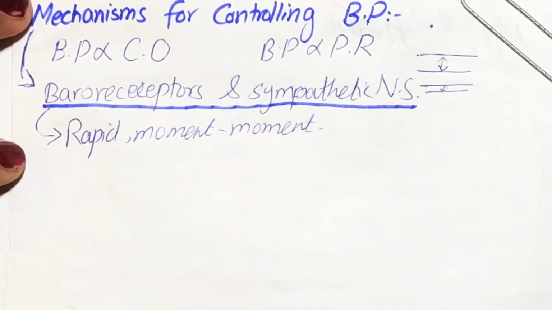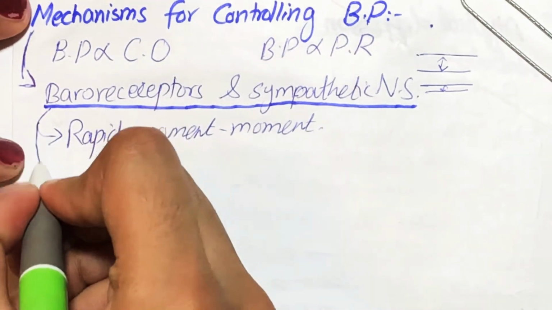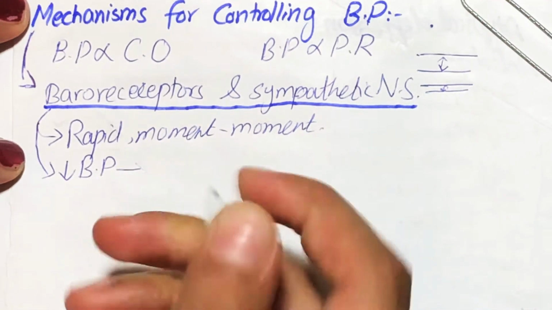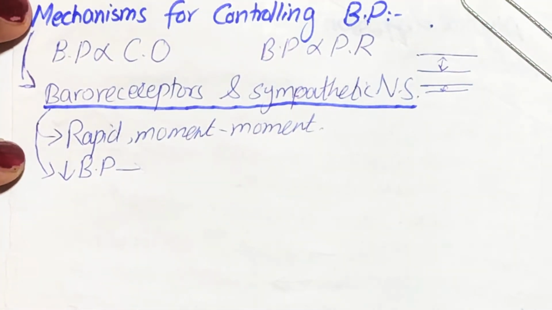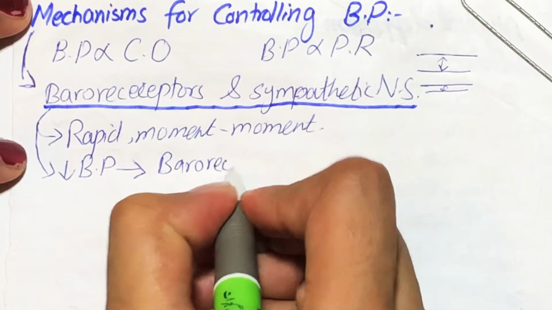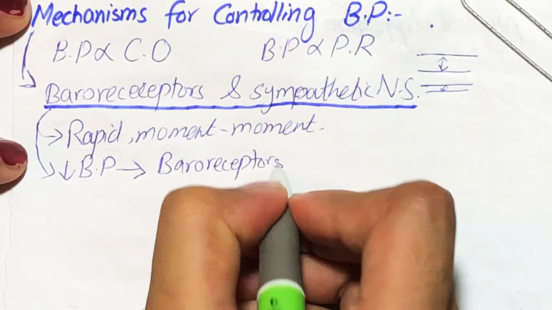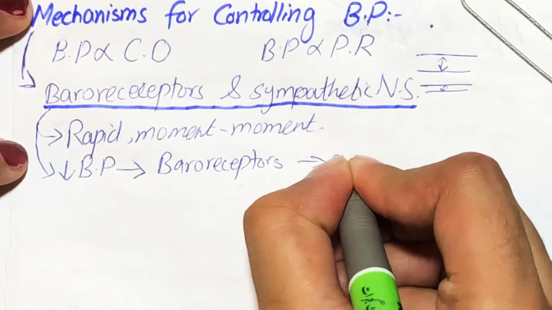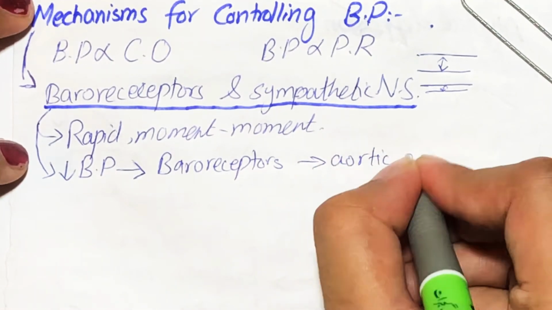For example, if there is a sudden decrease in the blood pressure, what will happen? There will be activation of pressure sensitive neurons, which are called baroreceptors. Baroreceptors are actually pressure sensitive neurons which are present at different sites, such as on the aortic arch.